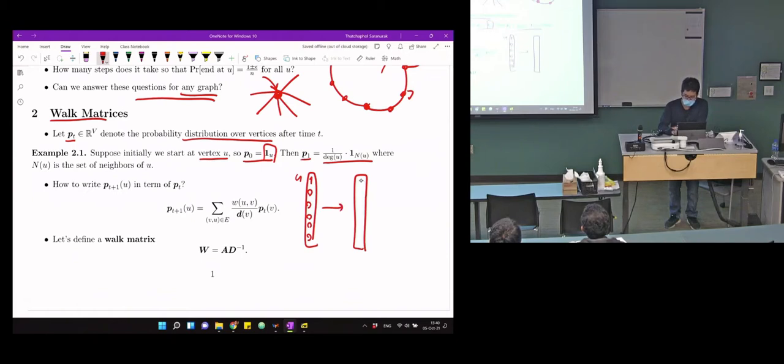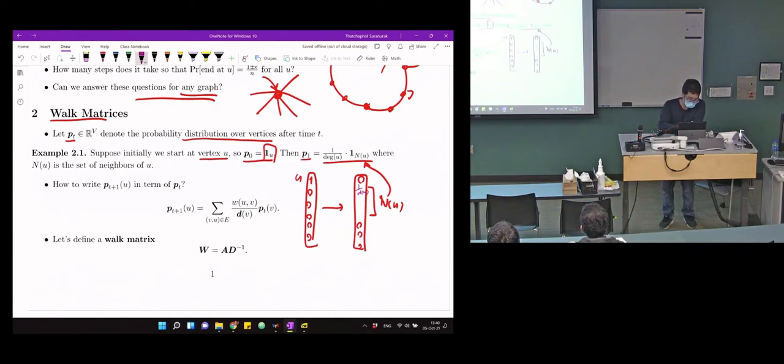If we do a random walk step, you will get everything 0 except at the indices corresponding to the neighbors of u, each of which will be 1 over the degree of u. It's unweighted. Yeah, let's say this is an unweighted graph.